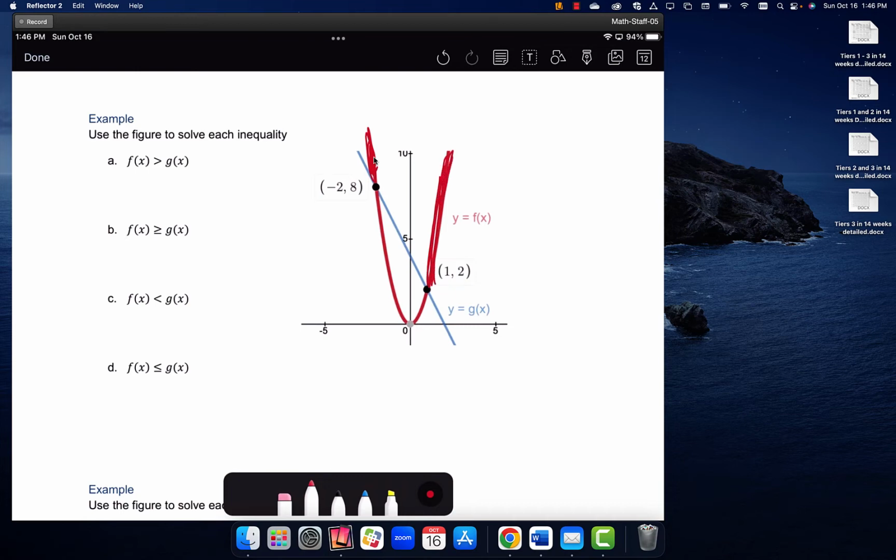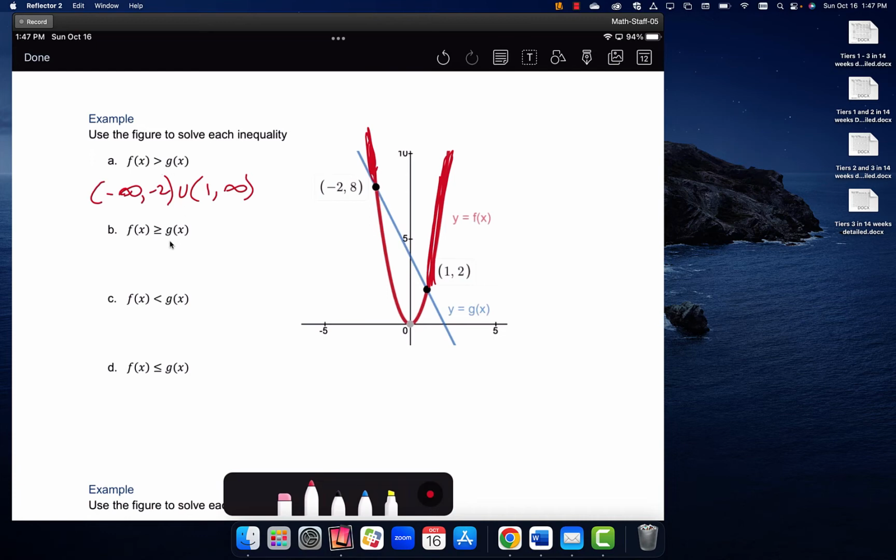So that occurs in this interval from negative infinity up to negative 2, and on the right side from 1 to infinity. Notice again, we're not including those endpoints because of the strict inequality.